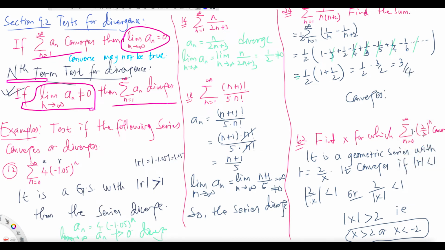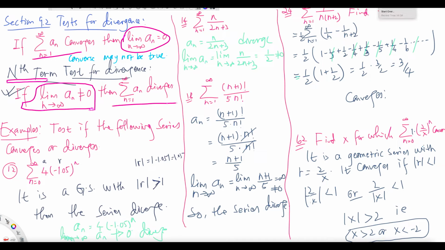If x is 3, 4, 5, 6, or if x is negative 3, negative 4, negative 5, negative 6, at that time the common ratio will be less than 1, and then it will converge. So that's how we find that this series converges if x is greater than 2 or x is less than negative 2. In other words, if the absolute value of x is greater than 2, then the series converges.